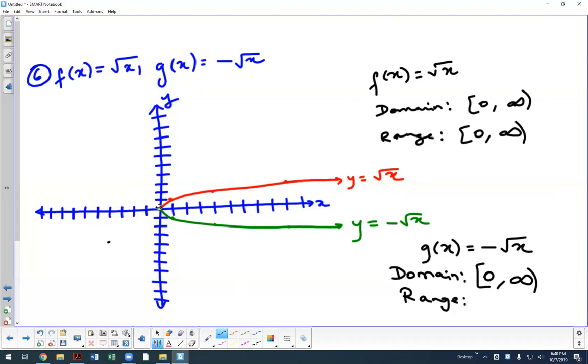Now, when you write your intervals, remember we write the smaller number first, which means technically, I guess we are coming from negative infinity and we're going to stop at 0. So that's how you would write your range for this second function.